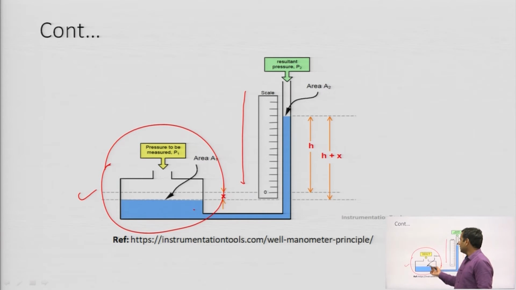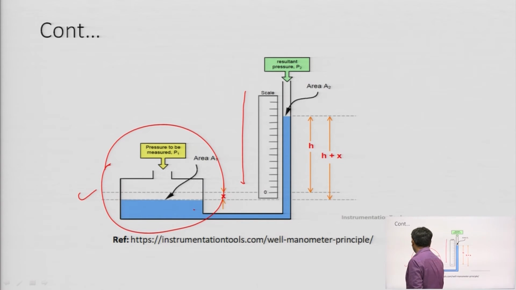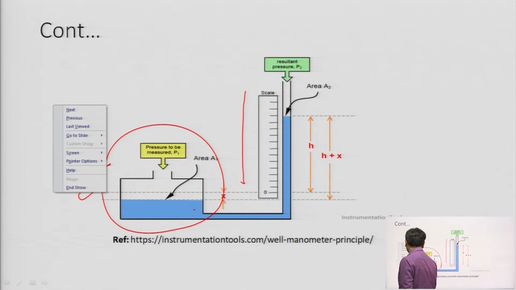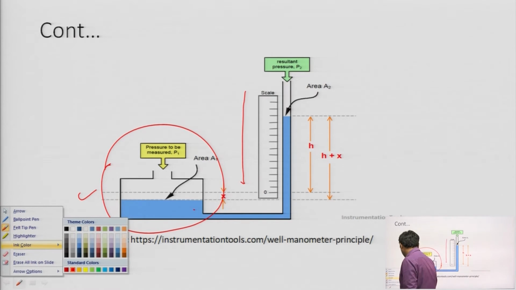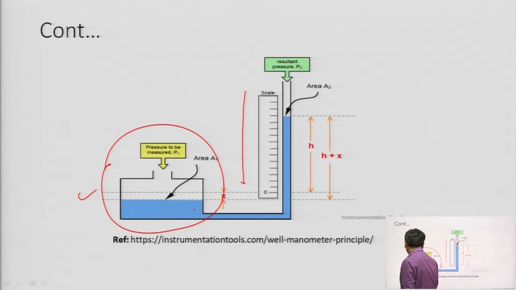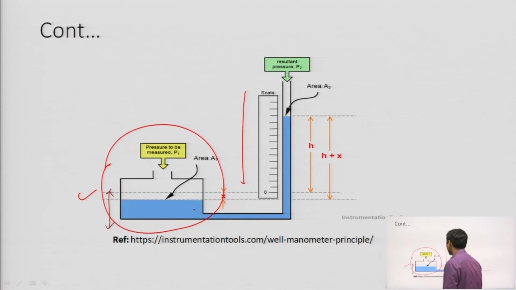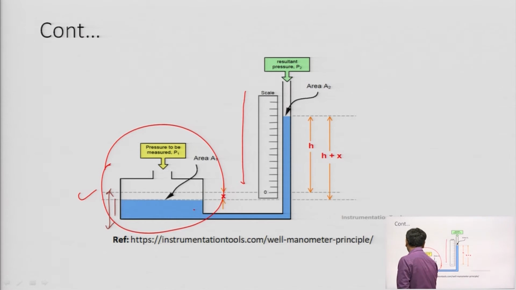The pressure to be measured is applied over here. Firstly, the height of the liquid is this from the ground, but when we apply the pressure, the height becomes this.